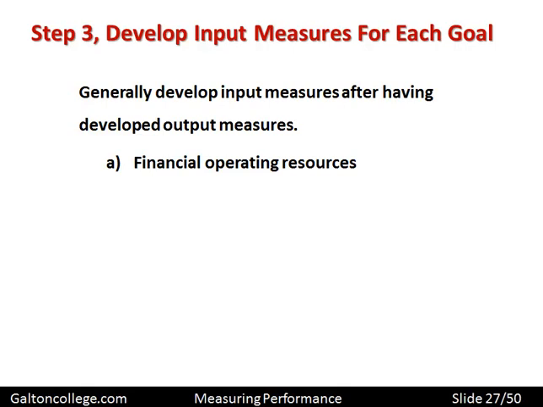Look at all of the resources available, but also look at the financial operating resources to make sure that the business can survive for the coming time period whilst attempting to achieve its set objectives. So make sure it can pay the bills.